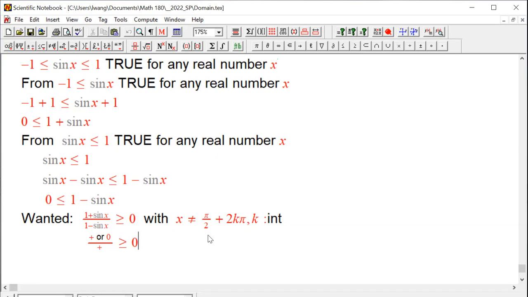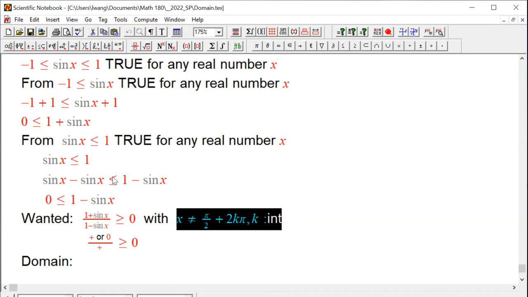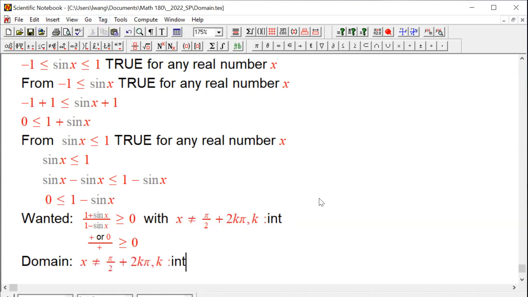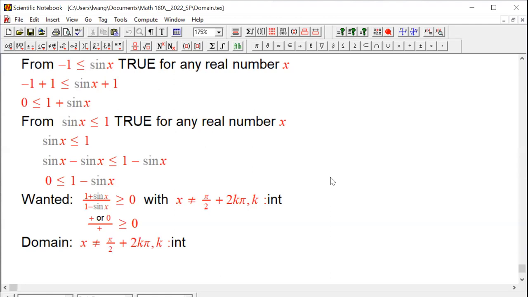So what will be our conclusion? With that, that will be our domain. The domain is just going to be this piece. That's it.